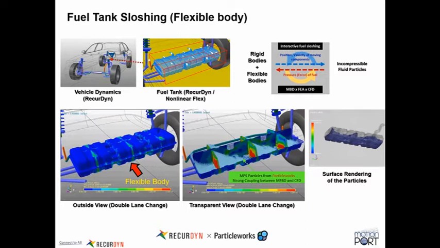But in these other applications like this fuel tank, or even consumer products like what you work with, where you have a bottle of liquid shampoo or something, if there's sloshing going on and you want to see the response of the container, which is quite flexible, that's now possible. So, interesting stuff, I think.